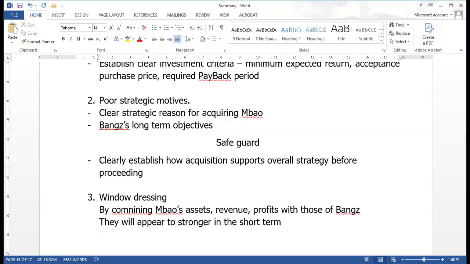We are saying your picture looks to be okay now. But you need to think about how you're going to perform going forward. That transaction may make your financial statements look better temporarily, but it weakens your long-term financial position.